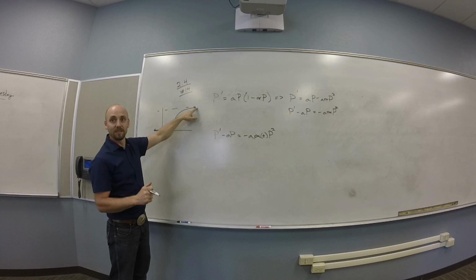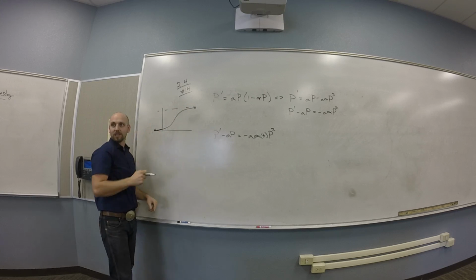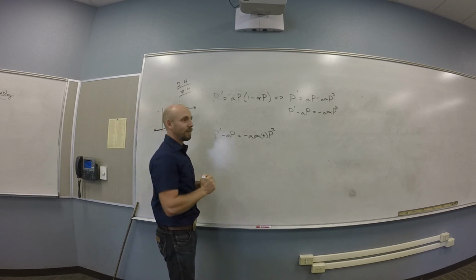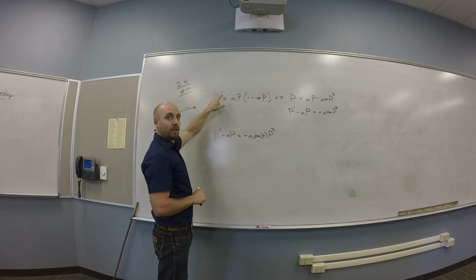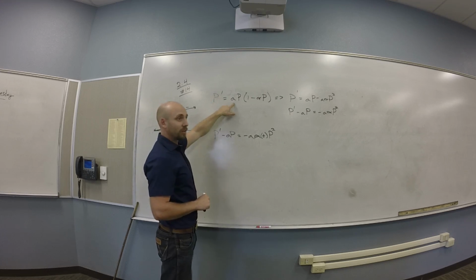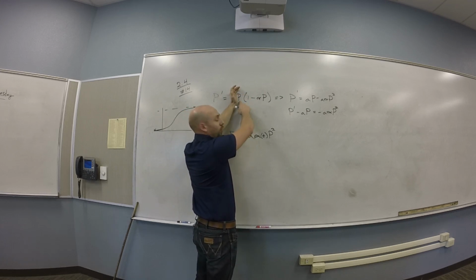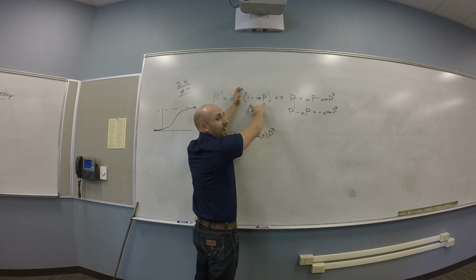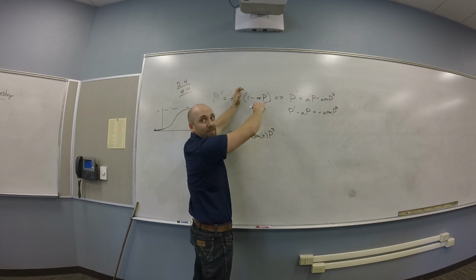That's what this guy is. You guys kind of with that? So that's exponential growth for a little bit, and then tapering off as interspecies competition picks up. The interspecies competition part here is that P prime is proportional to this stuff, and this stuff is the total population times something like how much of the total carrying capacity is taken up.